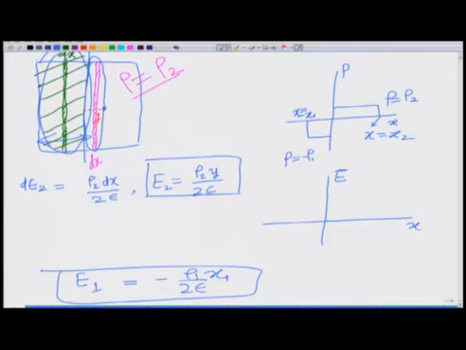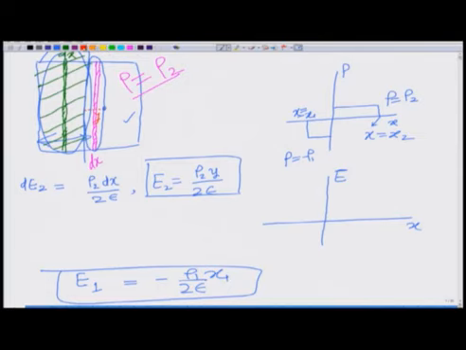Then I need the electric field due to the remaining part, which is to the right of the point where I am calculating the electric field. If I draw that dx thickness here, the equivalent surface charge density is the same, but the electric field here will be towards the left, in the negative x direction.